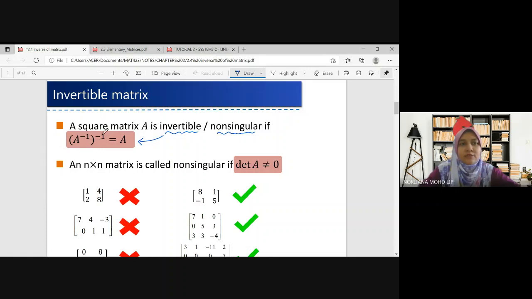A square matrix is called non-singular if the determinant of A is not equal to 0, non-singular or invertible.